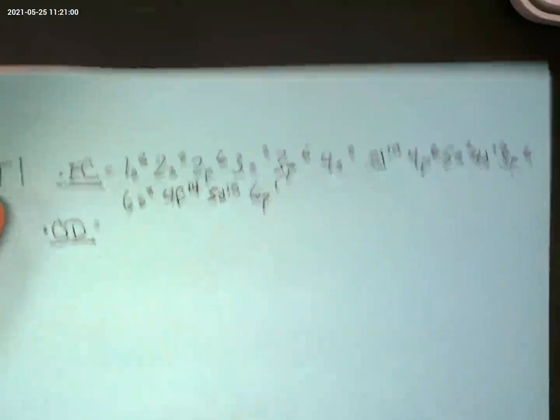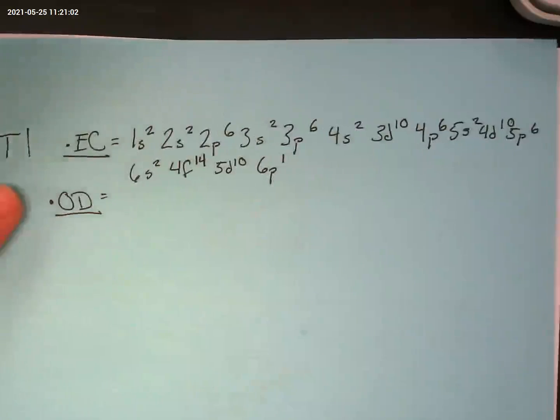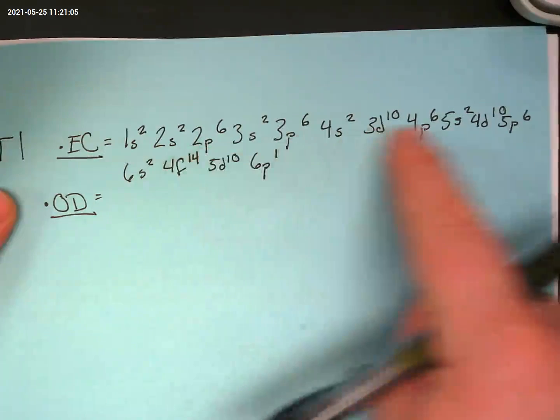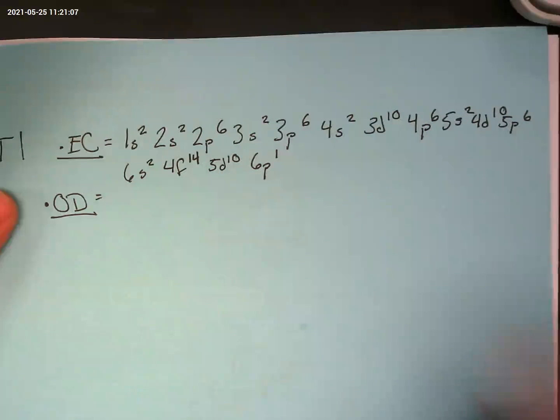Now we've got to put the orbital diagram together. The orbital diagram is going to be listing all of these out, all those lines.